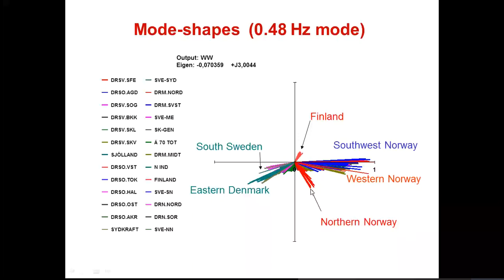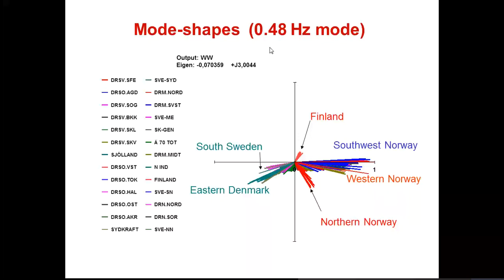So the behavior of the generators for this mode is much more complex, because it does not adjust between just some group of generators. It adjusts across almost all the generators in the network, right?